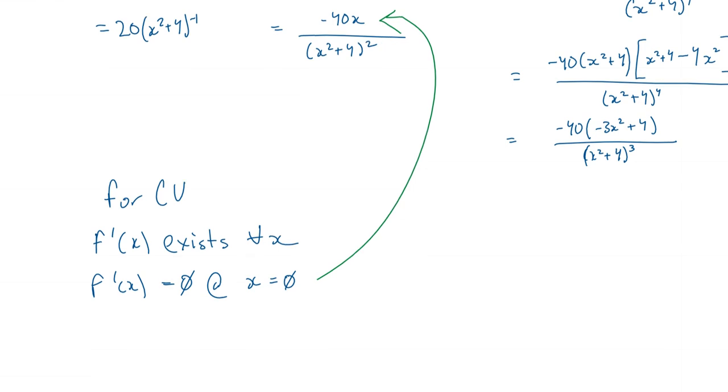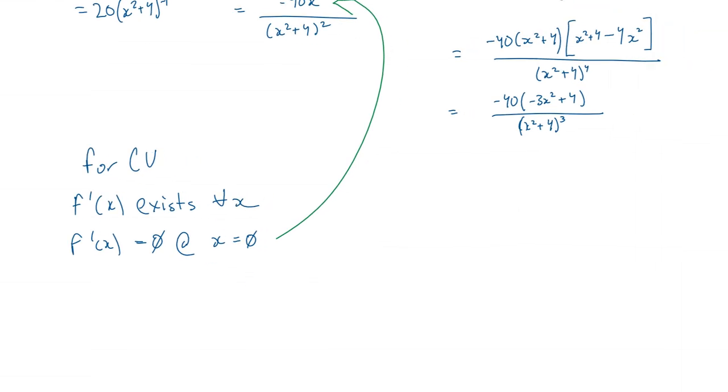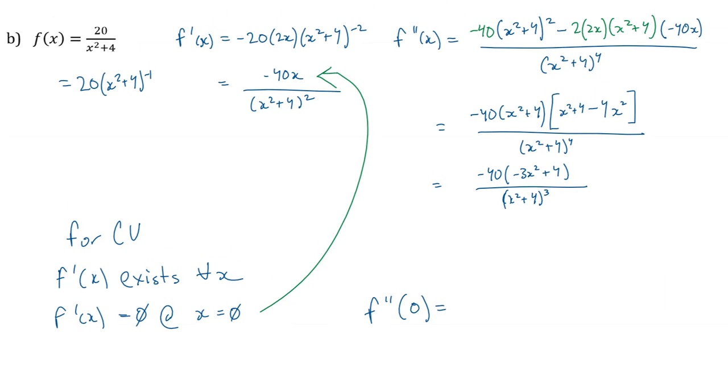Okay. Now we'll do our test. I sub the critical value into the second derivative. I suppose in this case, I didn't have to simplify. I could have left it like this and just subbed into that. But to me, it's worth it. This is a lot easier.